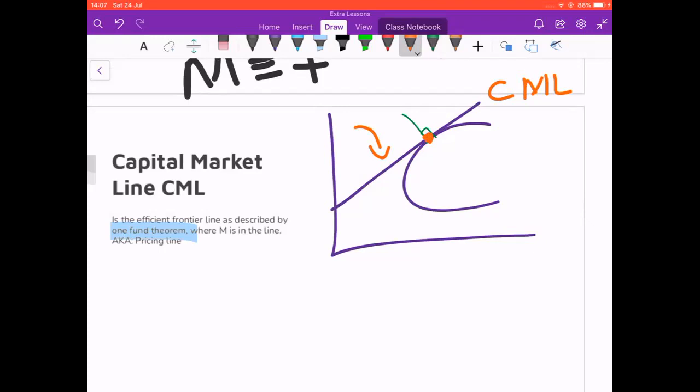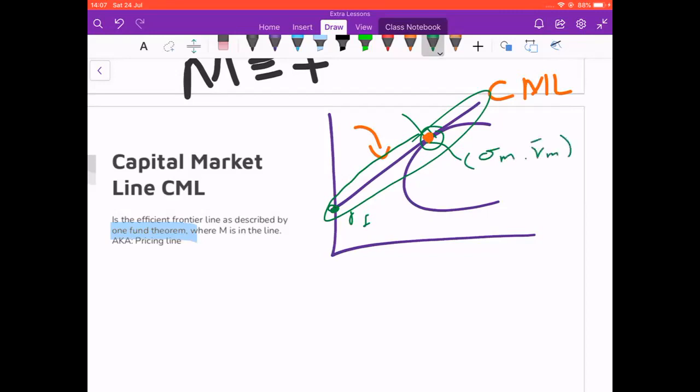To find the returns of any asset or portfolio on the capital market line, you have to compare the gradient. Remember, this one is going to be your risk-free rate, and here we're going to call this the market portfolio, with coordinates M, R_M.